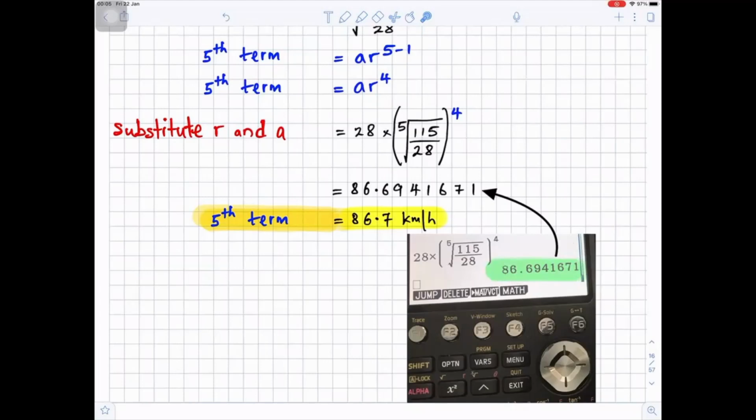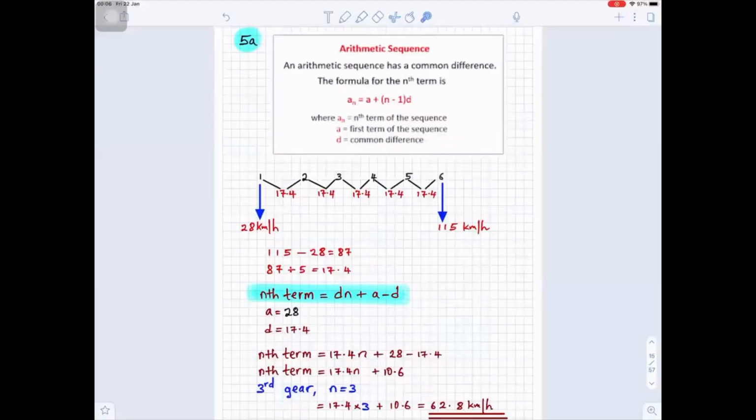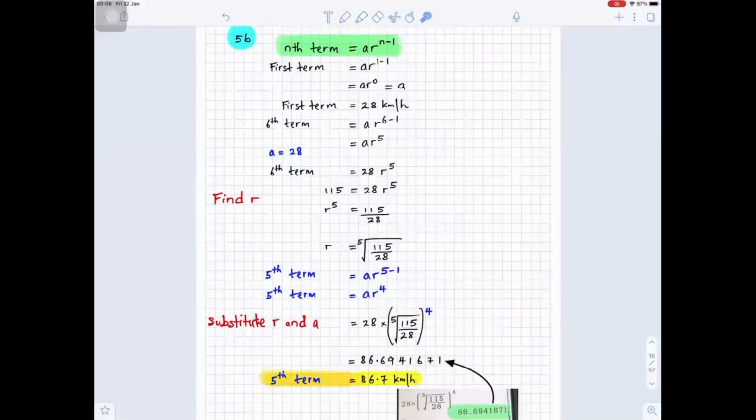To round it to one decimal place, you put a line after the 6, and the 9 is bigger than 5. You add it to 6, it becomes 86.7. So that's your complete answer for question 5A, 62.8 kilometers per hour, and your answer for question 5B, 86.7 kilometers per hour.